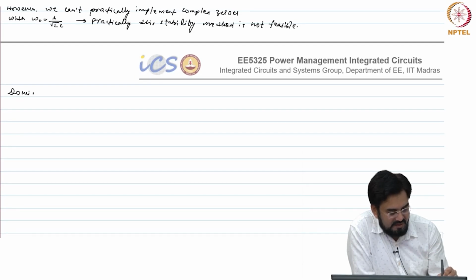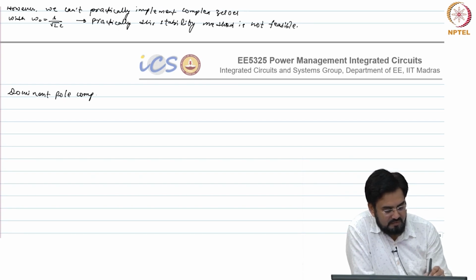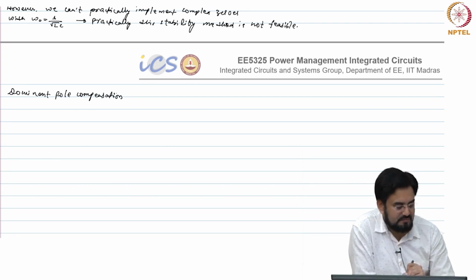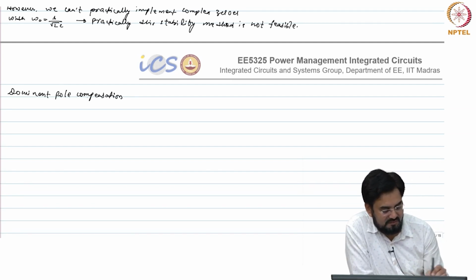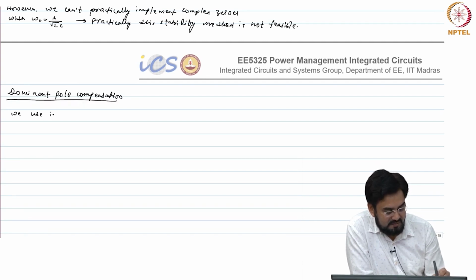Then we come to dominant pole compensation. We usually use, for dominant pole, an integral or type 1 compensator.